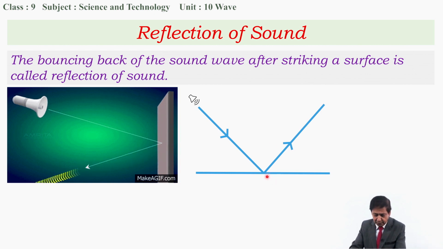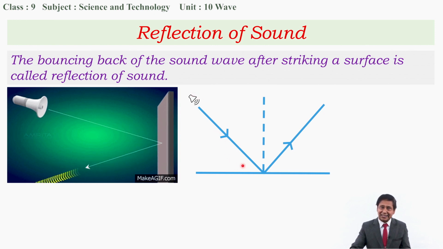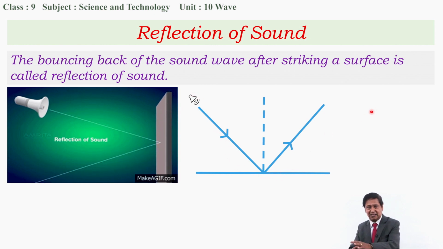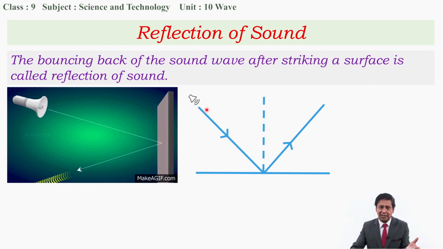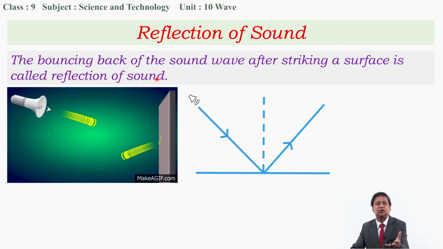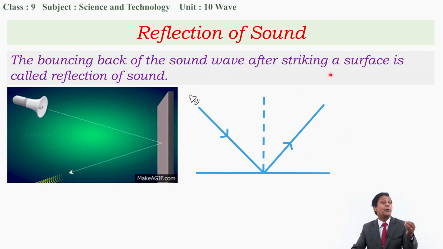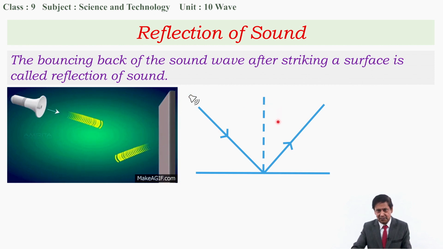And if we plot a normal in between them, then this is the incident sound, this is the reflected sound. Like light, sound also has incident sound and reflected sound. This way, the bouncing back of the sound wave after striking a surface is called reflection of sound.